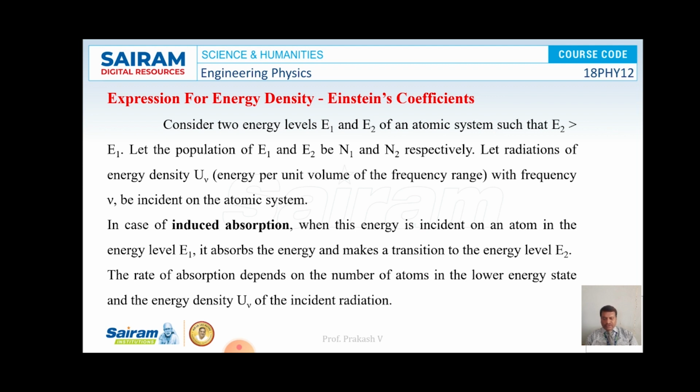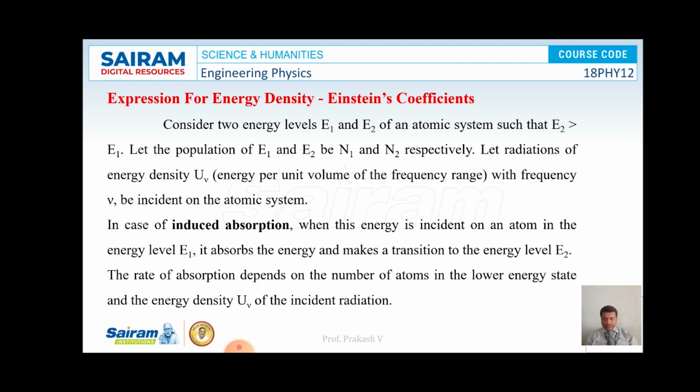Now let us consider two energy levels, E1 and E2, of an atomic system such that E2 is greater than E1. Let the population of E1 and E2 be N1 and N2 respectively. Let radiation of energy density U mu and frequency mu be incident on the atomic system.